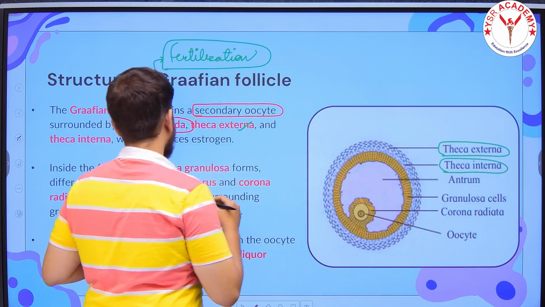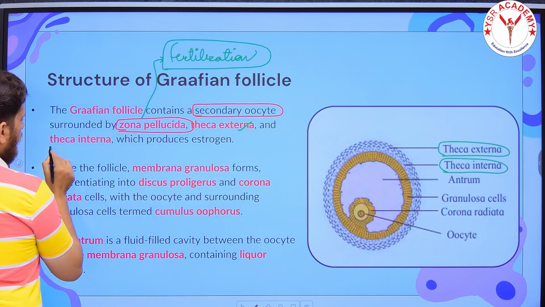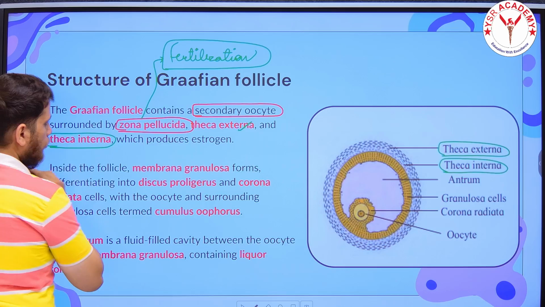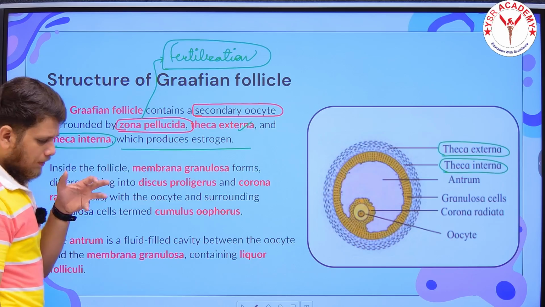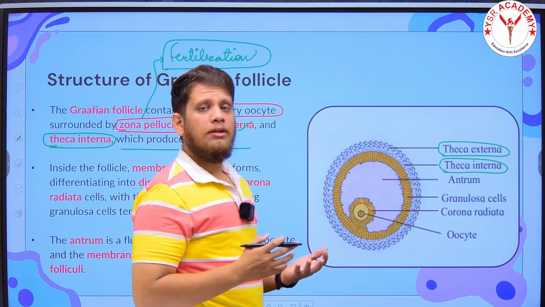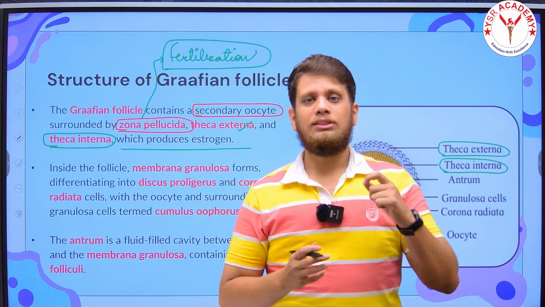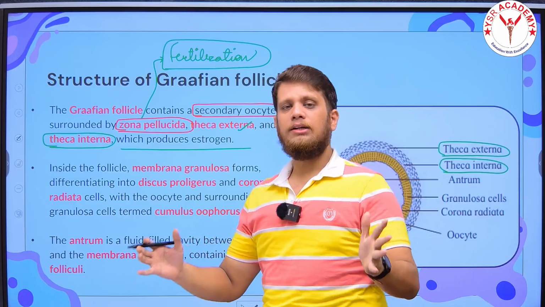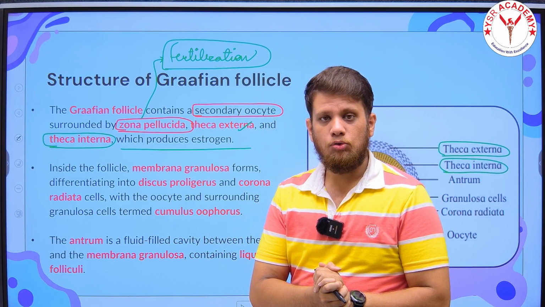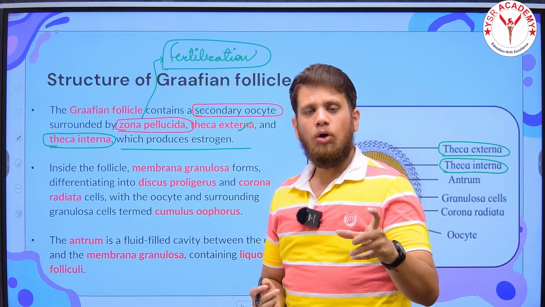Interna is an extremely important layer because it is going to produce a very important hormone called estrogen. Students, why is estrogen necessary? Correct, it gives secondary sexual characters in females. So the hormone responsible for secondary sexual characters in females is estrogen.